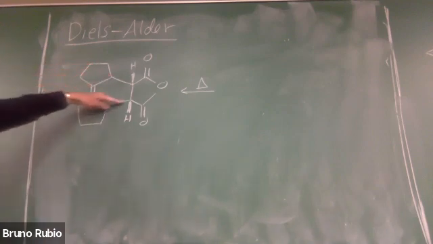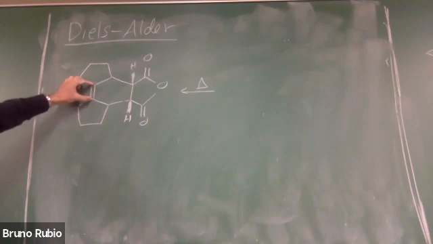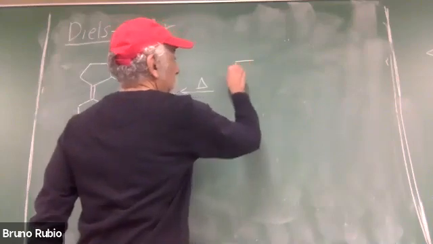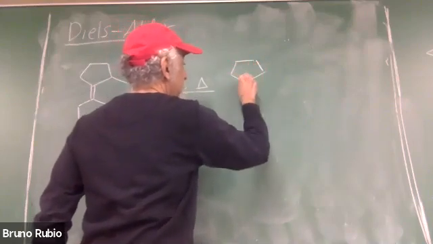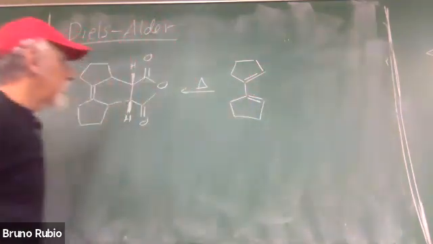So there's a cyclohexene ring. That's the ring that was created by the Diels Alder reaction. There's the double bond in the 6-membered ring. This used to be a single bond, and it used to be flanked by 2 double bonds. So this guy would be made by reacting this thing, right?